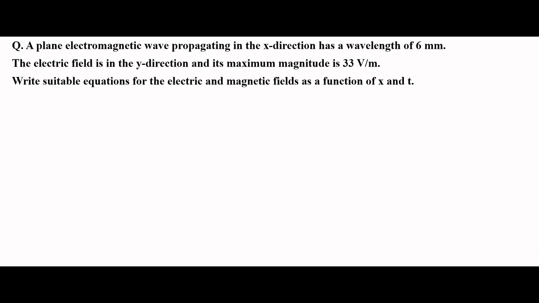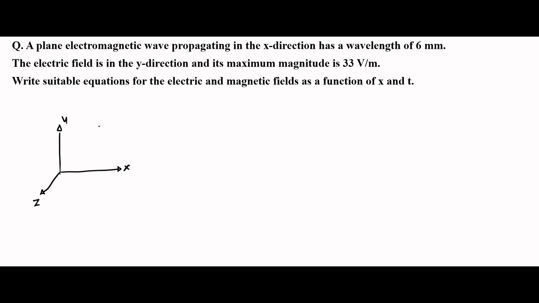Okay, so first let us be clear about what the equations will be. The basic representation: here it is given that we have an electromagnetic wave. Let us first draw the axes x, y and z.